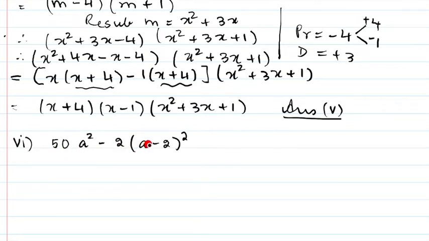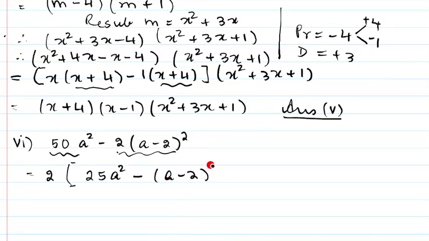Now out here, remember there is a square here and there is a square here, but 50 is not a square and 2 is not a square, but we know that in these two terms we have 2 common. So take out that 2 common, and inside the bracket you will have 25a squared minus a minus 2 whole square.